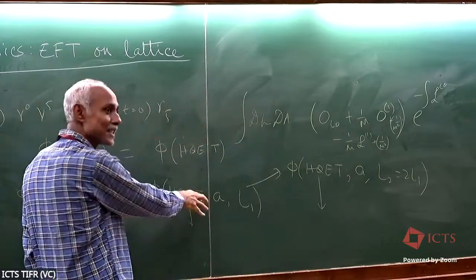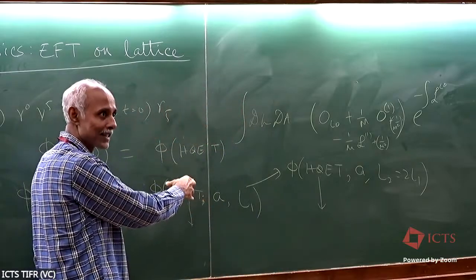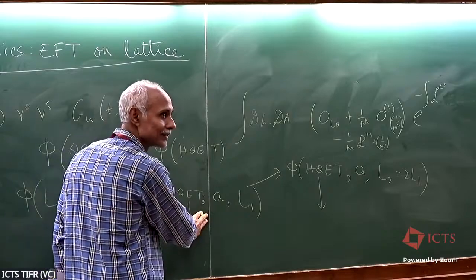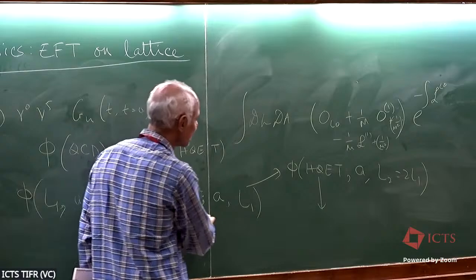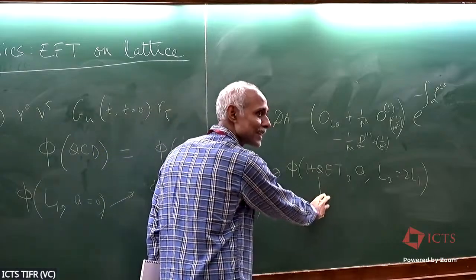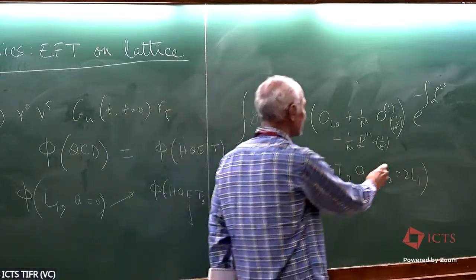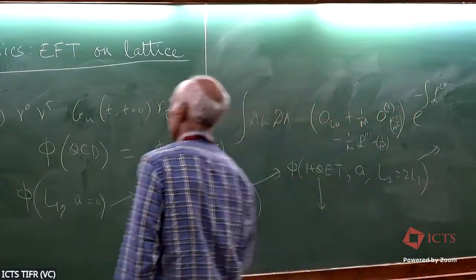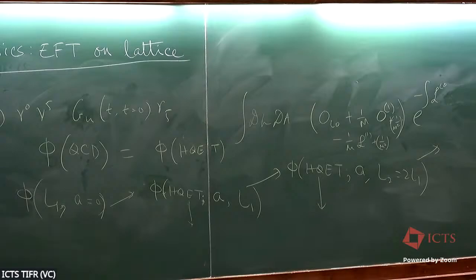But these are all HQET calculations, so they're simpler in some sense. So you do this at more than one lattice spacing, you take the continuum limit, and then you essentially have to do another step up. So if you need a factor of 10 here from 0.4 Fermi to 4 Fermi, let's say you do it in 3 steps, something like that.